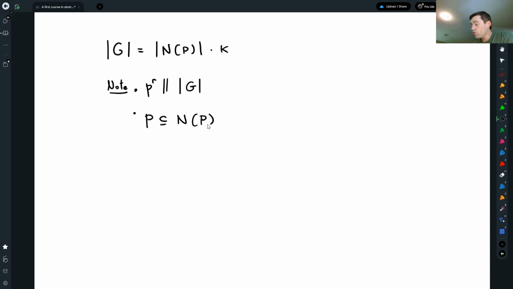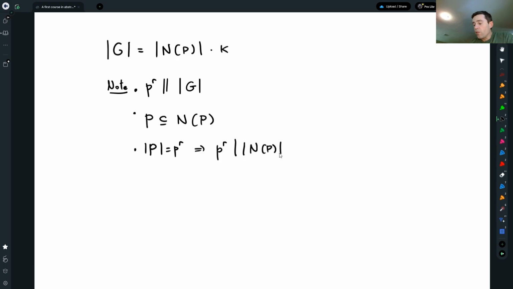Definitely, if you conjugate by an element of P itself, you will get P back. The size of P is P to the R, and P is a subgroup of the normalizer. That implies that P to the R also divides the order of the normalizer.